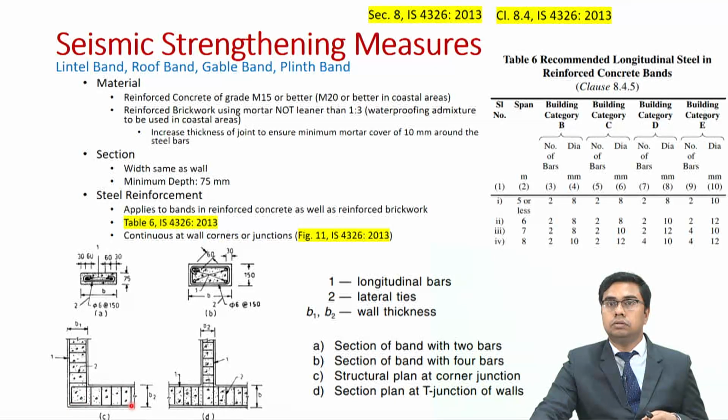Similarly, for this wall the longitudinal band reinforcement is up to the end, that is, it is continuous. Similarly, for a T-shaped wall as well, where you have a continuous wall and a cross wall is over there. So again you have to keep the steel in the horizontal band continuous.